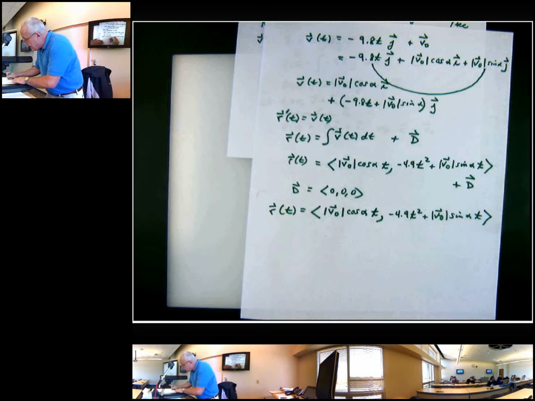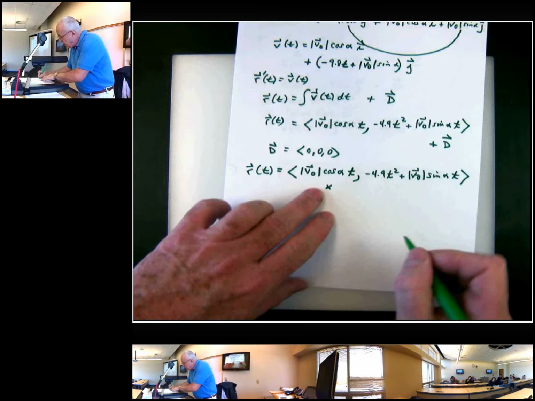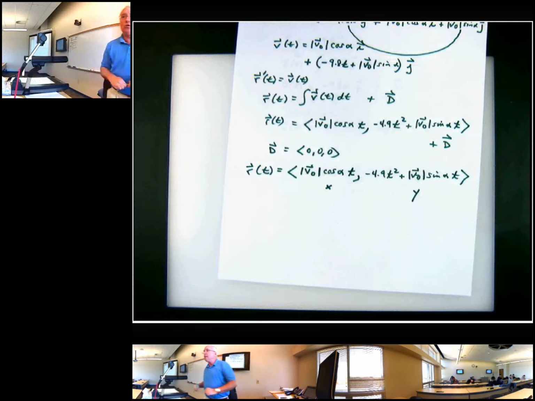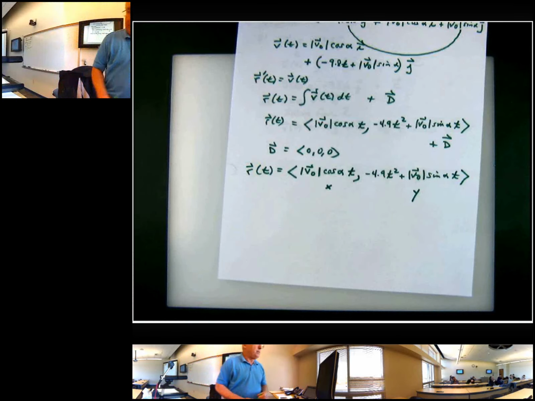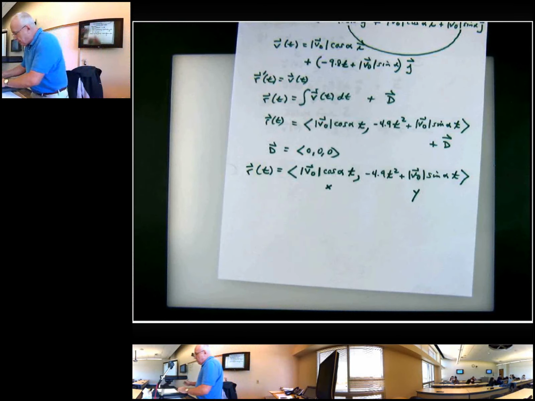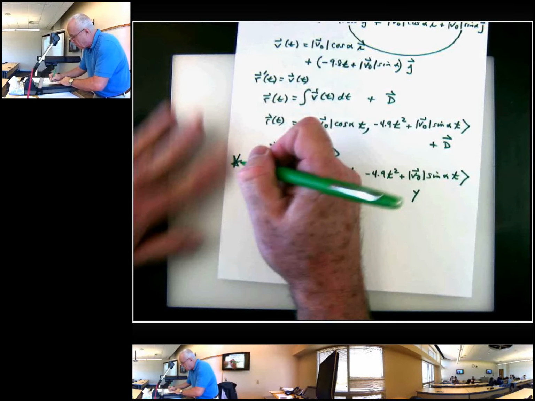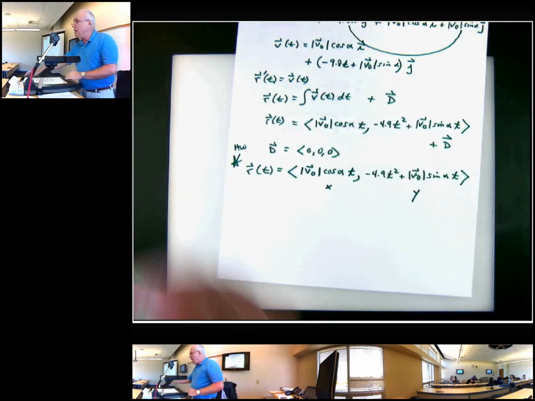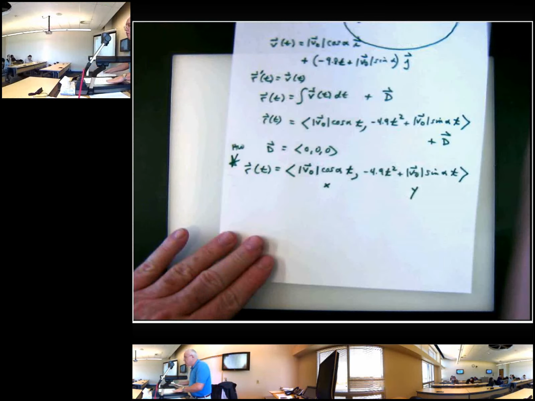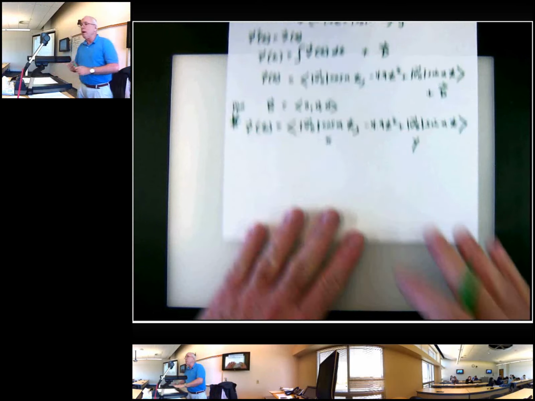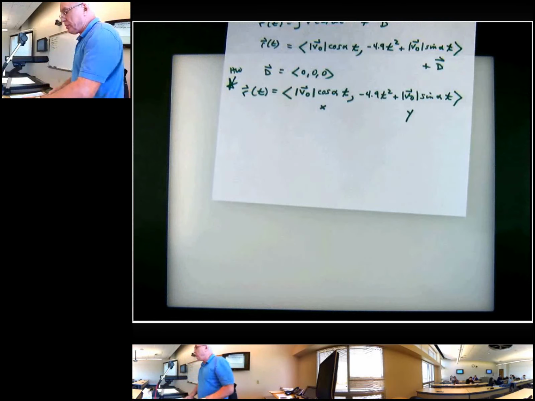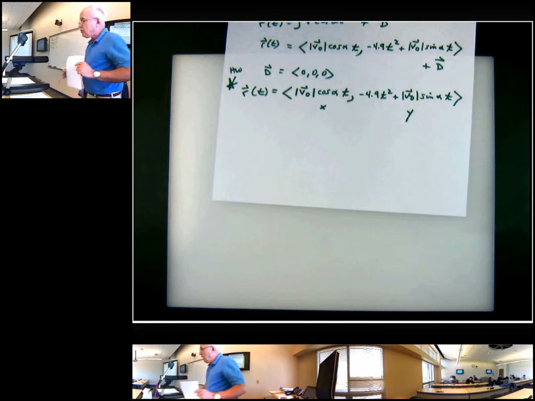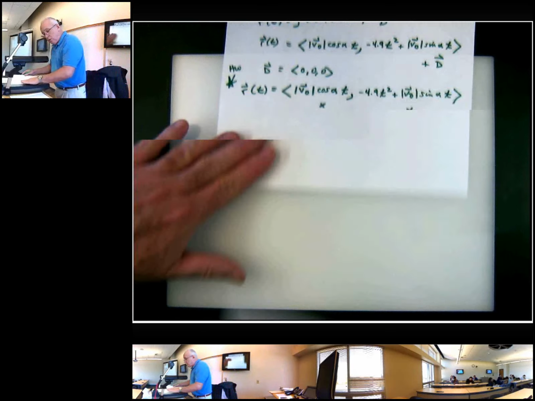This is your x component of the position, and this is your y component of the position. As far as homework is concerned, trust me, on the exam I'm not going to require you to reproduce this whole problem. But this is applicable for the homework.